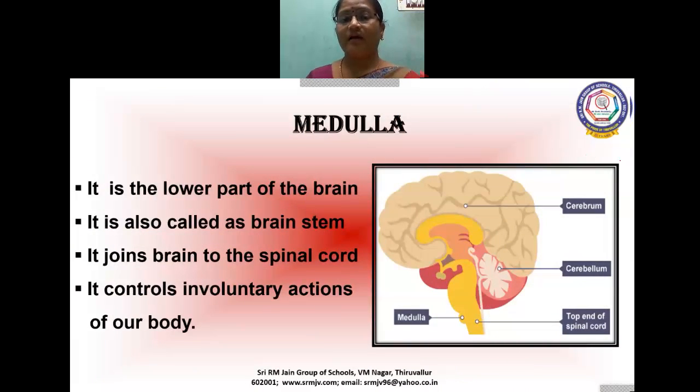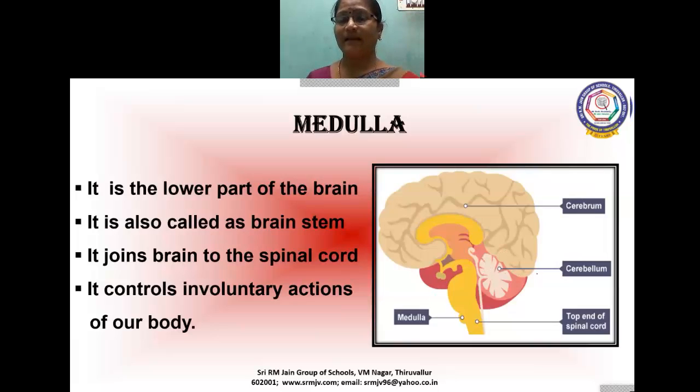Children, we do not have to think about involuntary actions like breathing, pumping of the heart and digestion of food. Do you know which part of the brain does these actions, and where it is located?